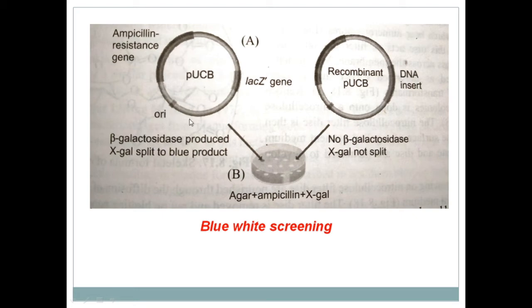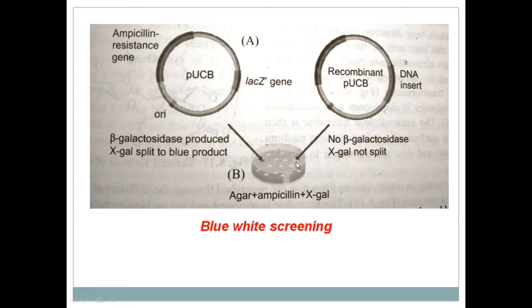This beta galactosidase enzyme is responsible for the formation of a blue product, and when these bacteria or colonies grow on a nutrient agar containing ampicillin, the bacteria which have the lacZ gene will give blue colonies, and the bacteria which have an inactive lacZ gene, or no beta galactosidase enzyme being produced, that colony will be white in color.